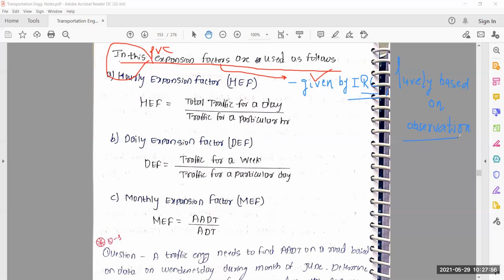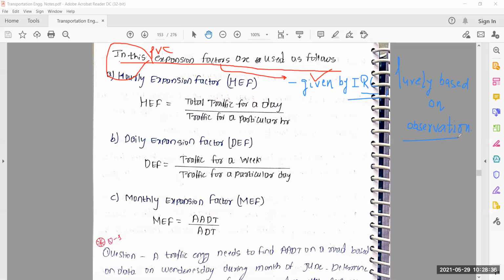That means IRC made different observations for different roads, since all these calculations, annual average daily traffic, average daily traffic, annual average weekday traffic, involve more cost, more effort, more time. To eliminate those things, they give us expansion factors, and by knowing these expansion factors, we directly calculate our annual average daily traffic, average daily traffic, annual average weekday traffic, and all the other things.